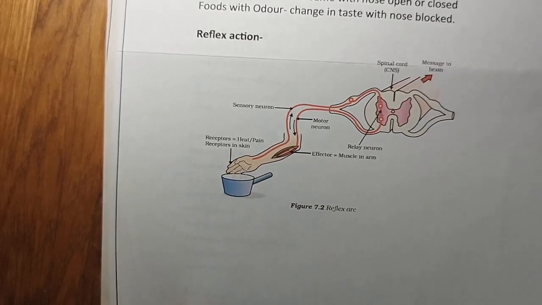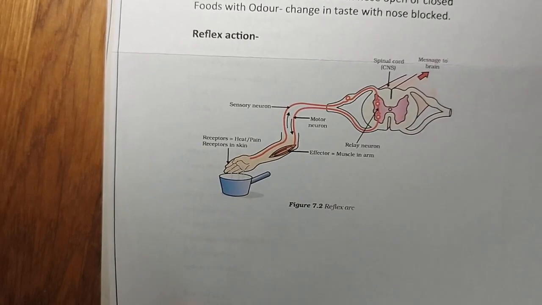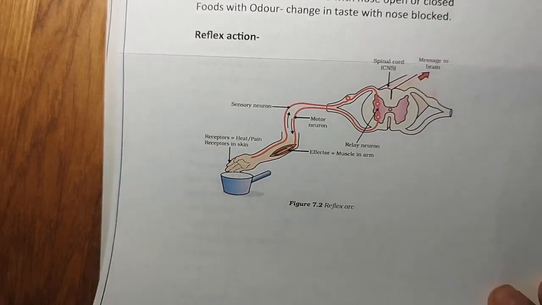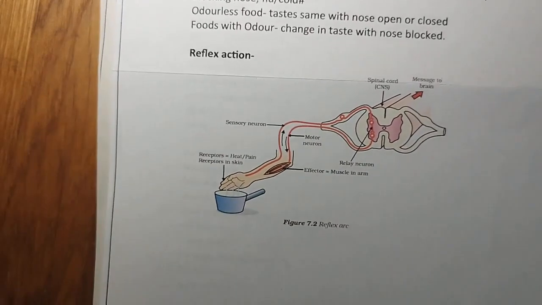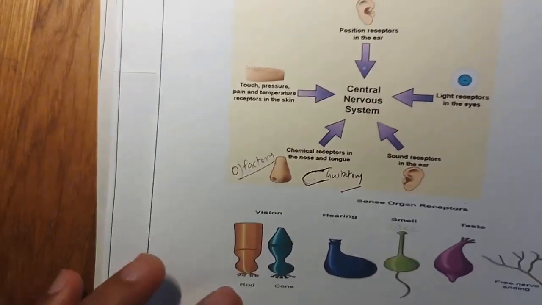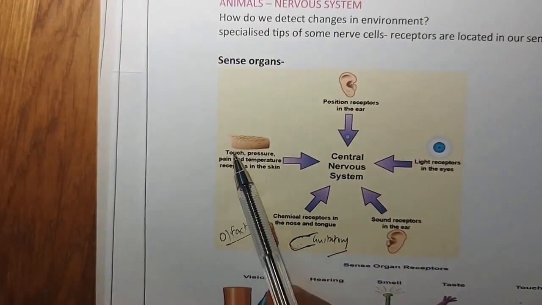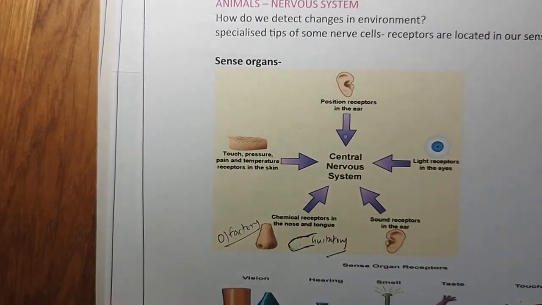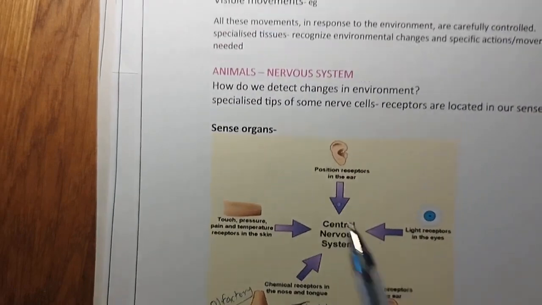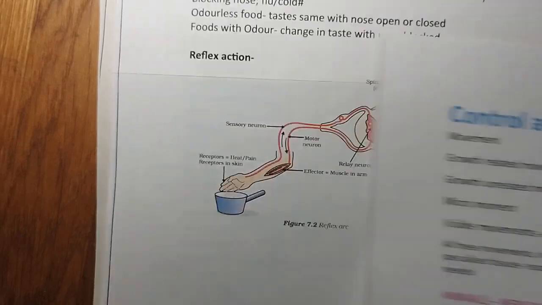If I want you to remember again, the skin has touch, pressure, pain and temperature receptors. You remember from your first diagram? What are receptors? Receptors are the nerve endings, specialized tips of the nerve cells.